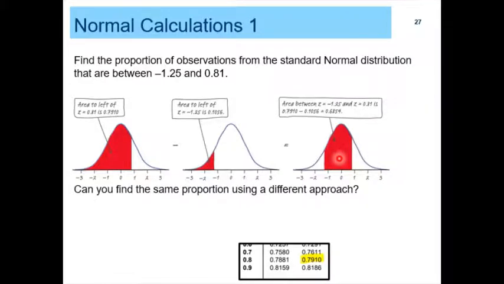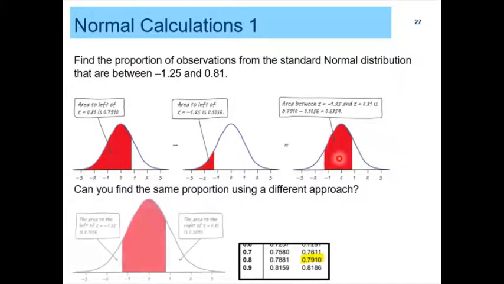So we can use a different approach for this too. Here, if we have to find this value, we can get the area to the left of z of minus 1.25, that is 0.1056, and the area to the right of the z of 0.01, that is 0.2090.